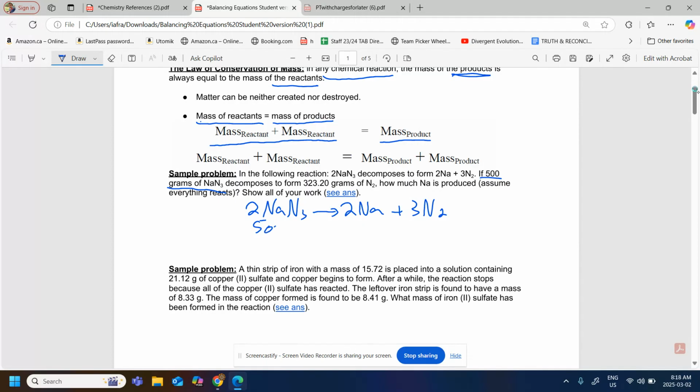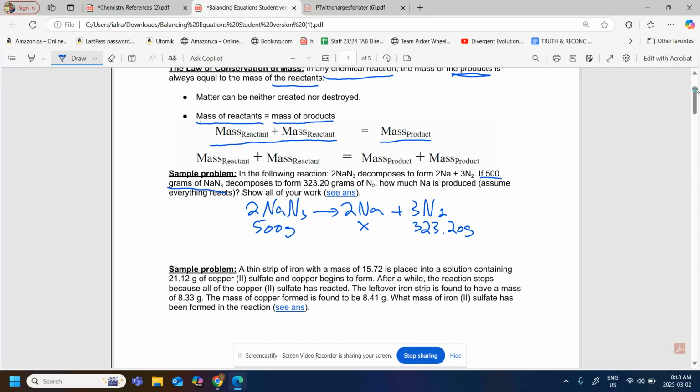And when it decomposes, it's going to make 323.20 grams of N2. And we want to know how many grams of Na are made. So you don't really have to do anything with the equation. It's just a way to let you understand what's happening in the reaction.